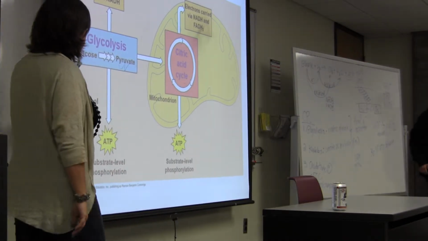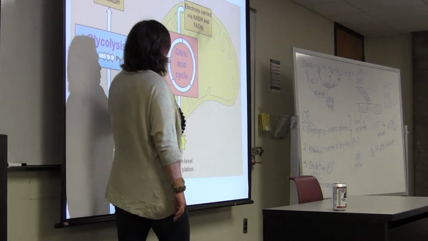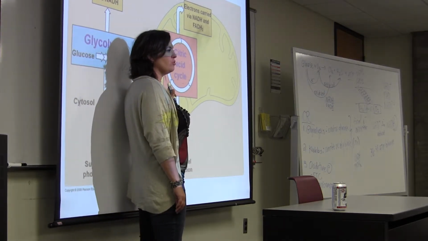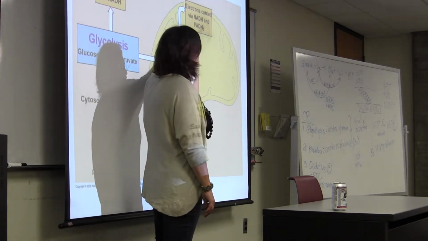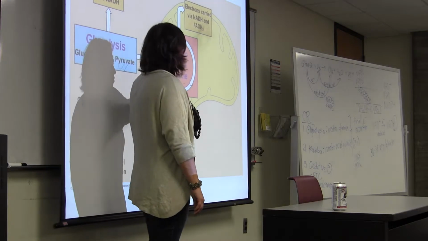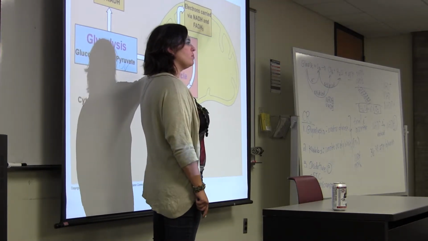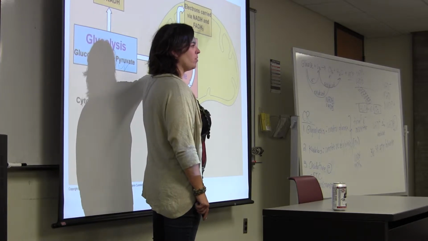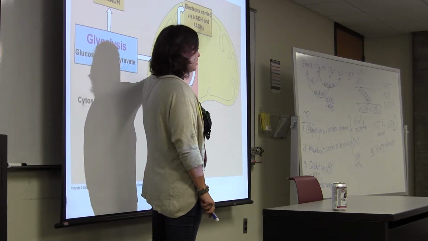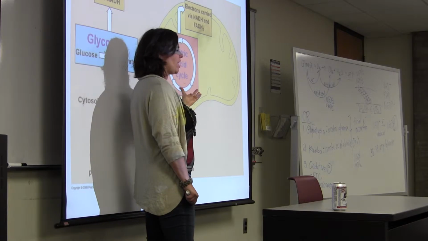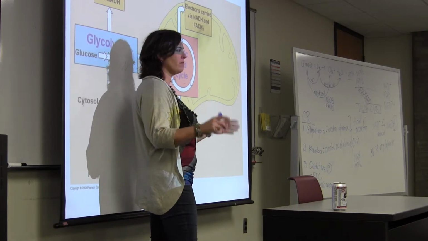After glycolysis, pyruvate is going to move into the mitochondria. And this is where the citric acid cycle is going to occur. And so the citric acid cycle and the Krebs cycle are the exact same thing, by the way. I think on the test it says Krebs cycle, but citric acid cycle, Krebs cycle, exact same thing.